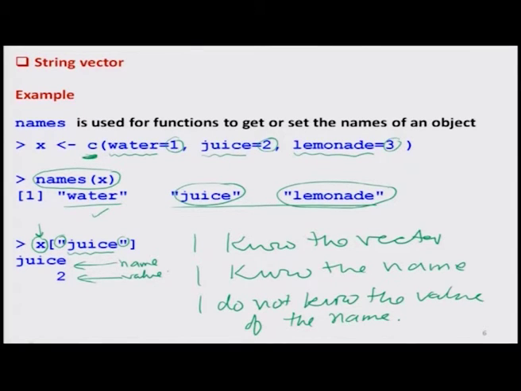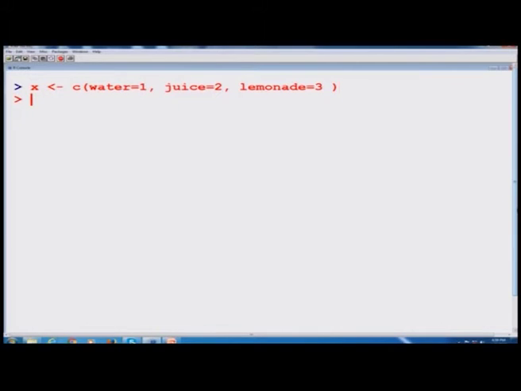Let us do the same thing over the R console and see what we get. You can see here my vector x containing 3 names, water, juice and lemonade, and their values are 1, 2 and 3.